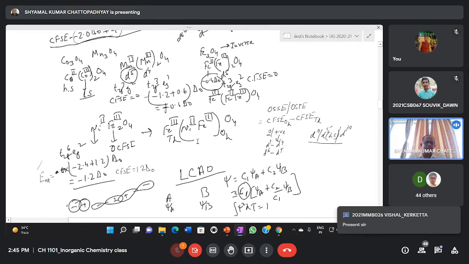In that way, it generates more CFSE, and one of the tetrahedral metal ions, here the ferric metal ion, moves away from the octahedral site to the tetrahedral site.